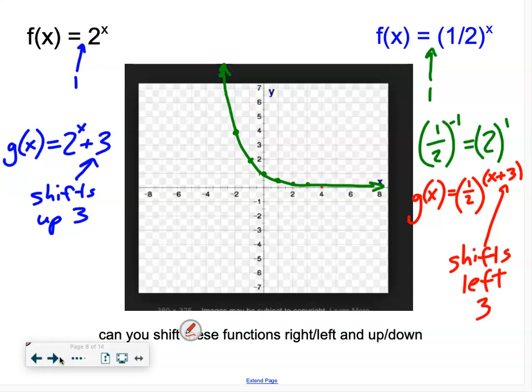So I move my 0 over here, here, here, and go to here. Something like that. And then I accomplish a shift left. So remember, when you're adding or subtracting to the y value, that's an up or down. When you're adding or subtracting to the x value, that's a left or right, and it does the opposite, just like we did in chapter 3.